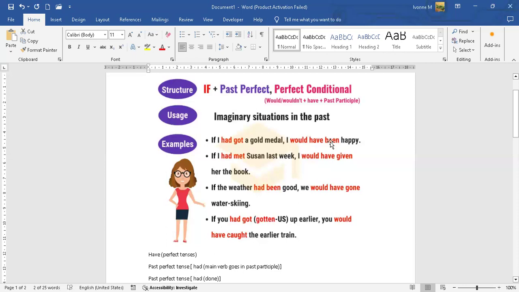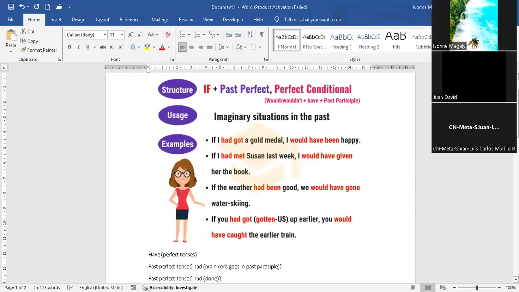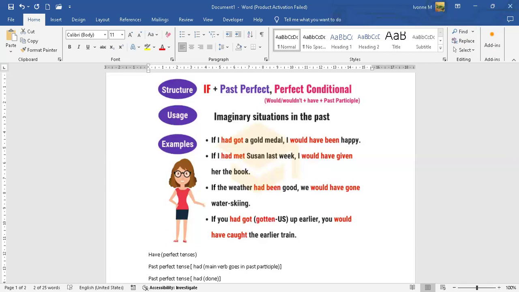This person is not happy because this person did not get a gold medal. Do you see the real situation? This is the real situation. Do you understand? Are you following me? Are you still there? Okay, Luis and Juan David, do you understand?